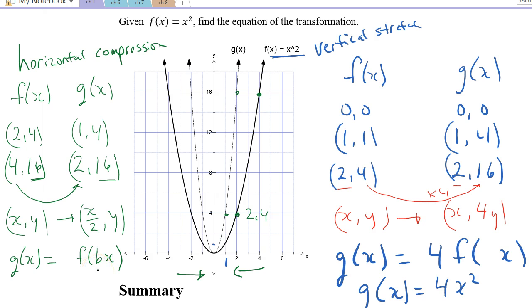The x values are multiplied by 1 over b. So what are the x values being multiplied by? x is multiplied by 1 over 2. So therefore b is equal to 2. So I can go over here and say that this b value is going to be equal to 2.